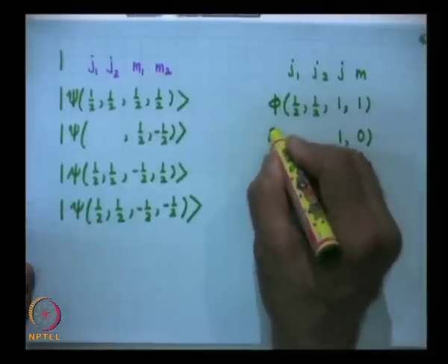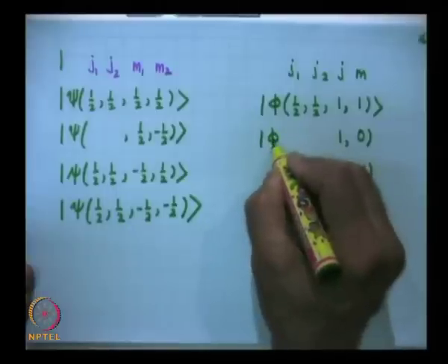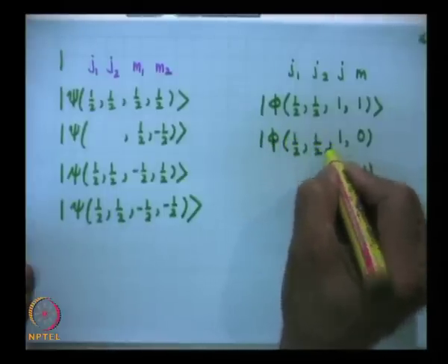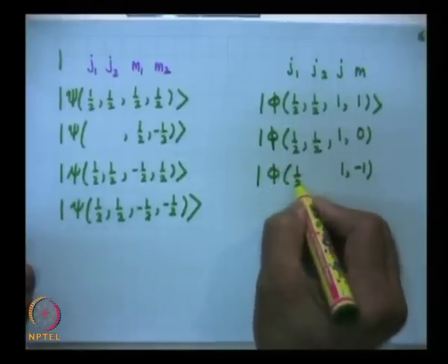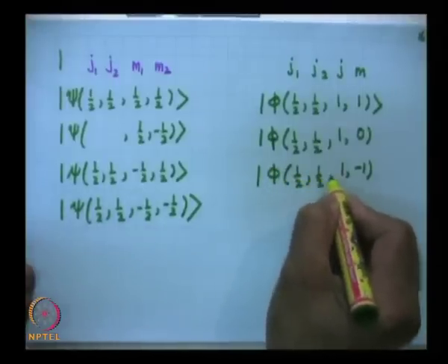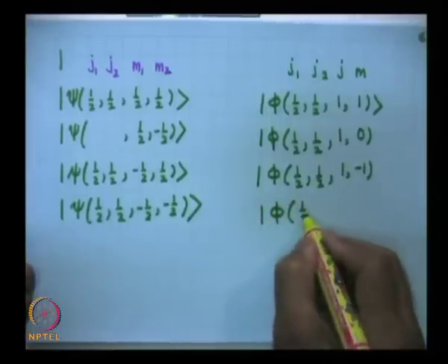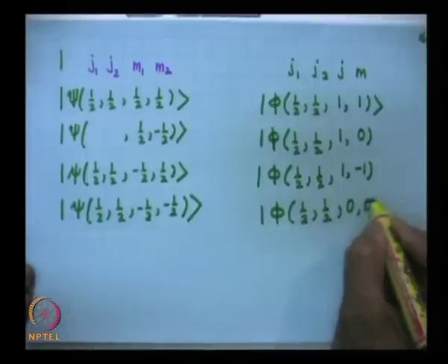So, this is phi, half, half, this half half is repeated everywhere. Zero, 0.